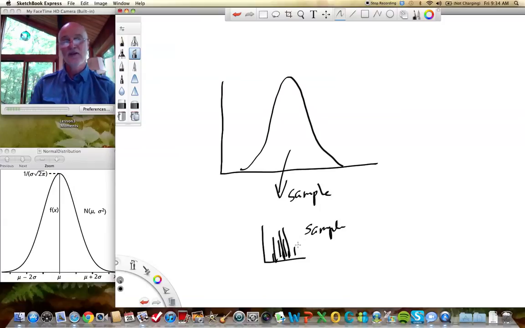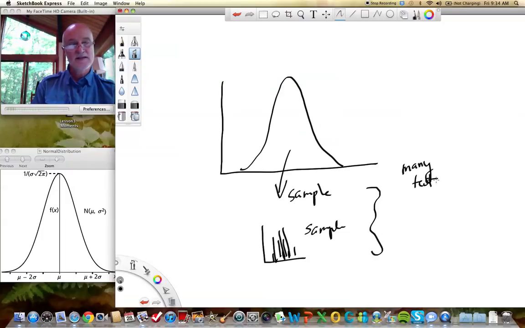It's not going to look perfect every time. But we want to be able to make the assumption that it was drawn from a parametric population with a normal distribution, because many tests that we do in statistics require a normal distribution assumption.